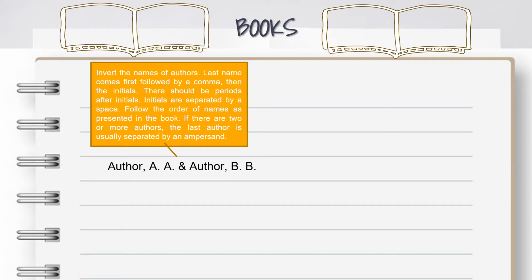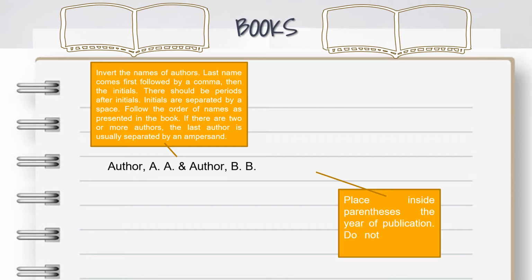It will have an ampersand symbol here, and then the surname again of the author with a comma, and then the initials. Next, let's have the copyright or the period of time when this book is published.